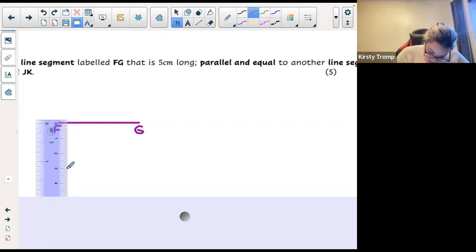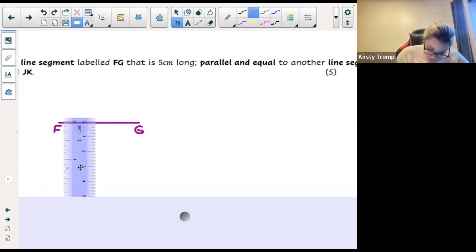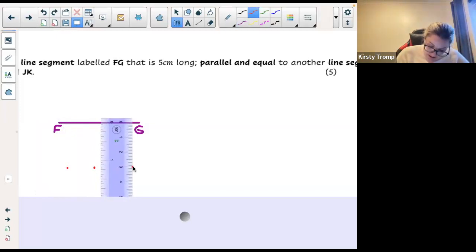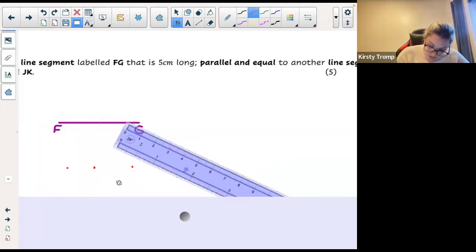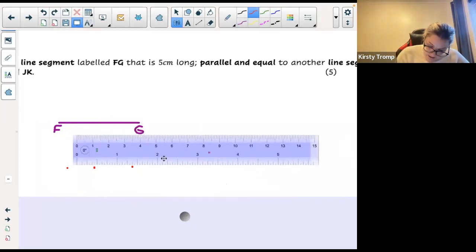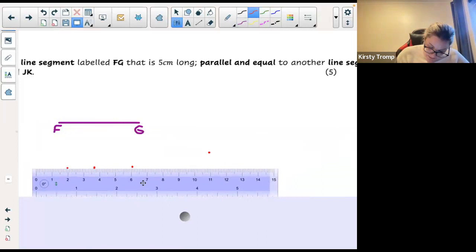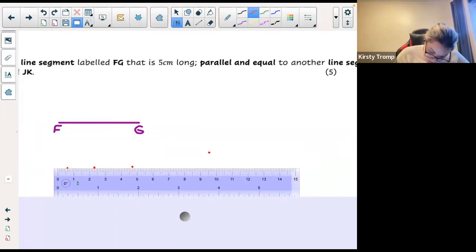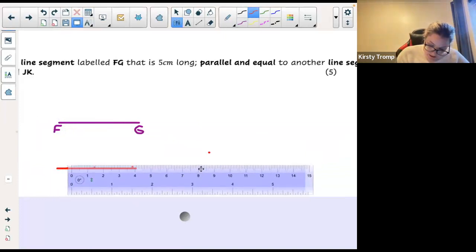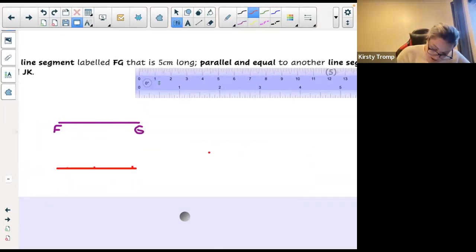I'm going to say 3 centimeters, move my ruler 3 centimeters, move my ruler 3 centimeters, turn my ruler around, and join those 3 points up. It has to be equal to my line segment before, so 5 centimeters long, and this one needs to be J. Okay, how do I show that they're parallel, guys? I put arrows on them.